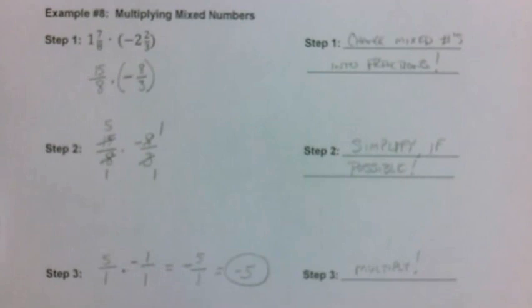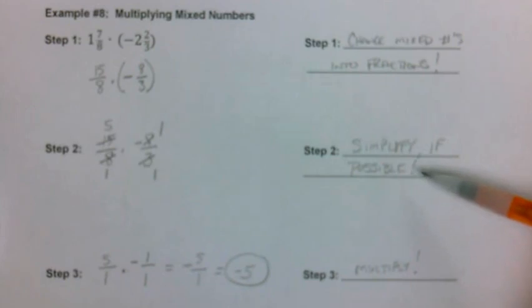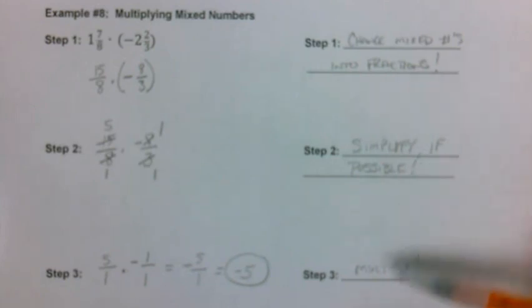So when we multiply, a positive times a negative is a negative, and then for the numerators, 5 times 1 is 5, denominators 1 times 1 is 1, and negative 5 over 1 is really just the number negative 5. All right, so that's all there is to it. Change your mixed numbers into fractions first, then simplify if you can with any numerator and any denominator, and then multiply at the end.